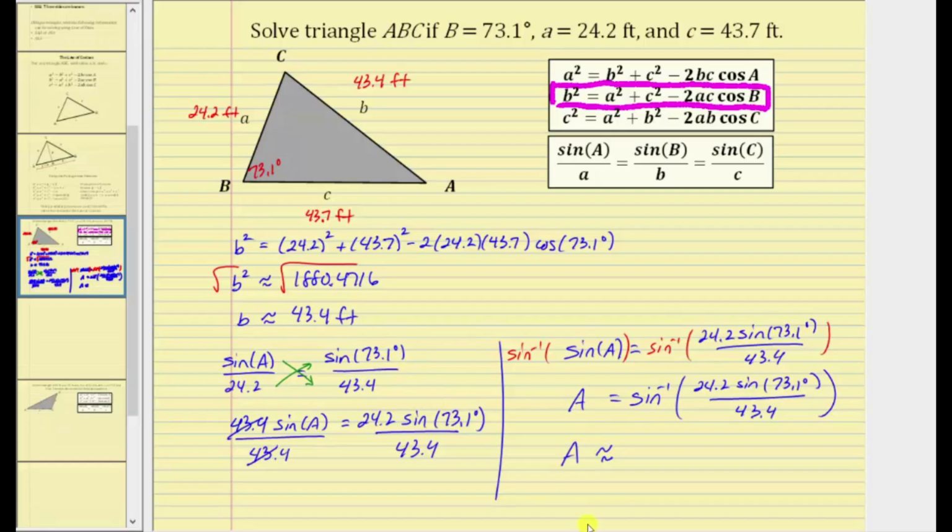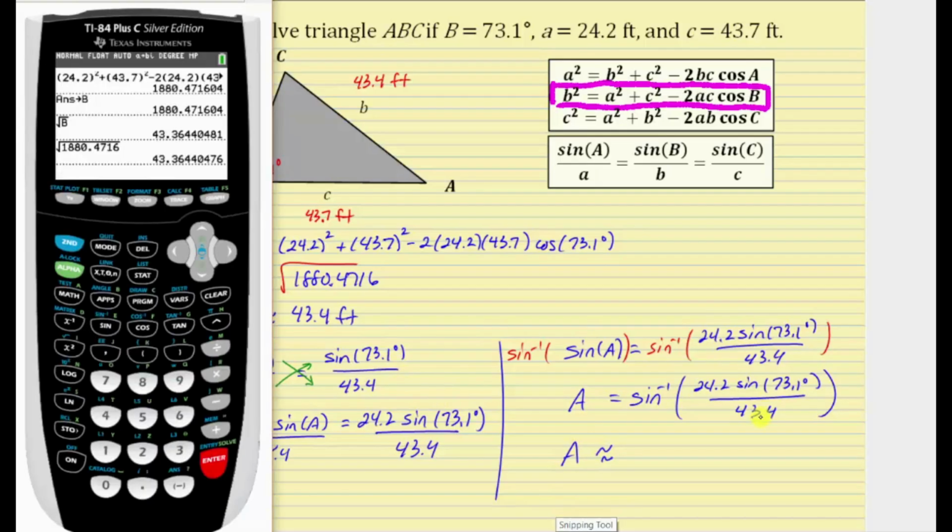And now let's go back to the calculator. And when we enter 43.4, we should use the more accurate value rounded to 4 decimal places, or the square root of b. So we'll press second sine for inverse sine, and then we need the numerator in parentheses.